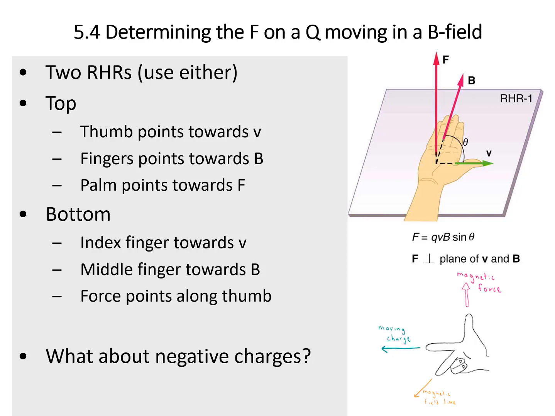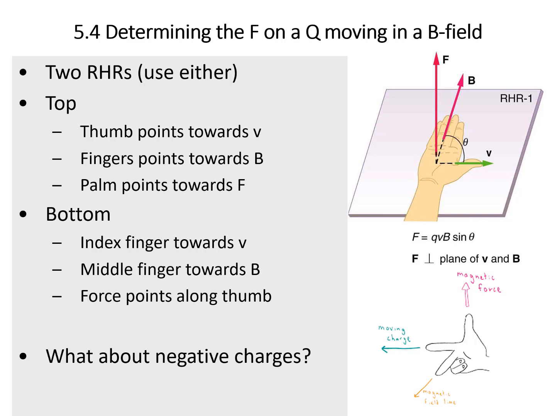Don't get confused. Either the top or the bottom right-hand rule. Basically, if we point our thumb in the direction of the moving charge, the magnetic field points in the direction of our fingers, and the force is the direction out from our palm.